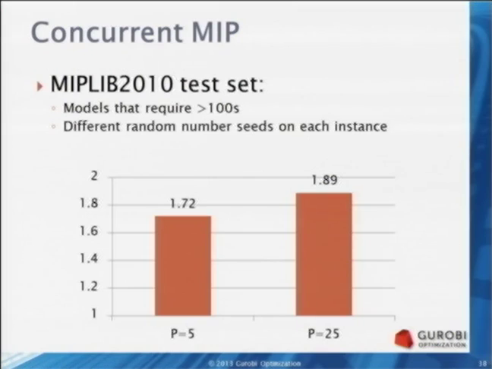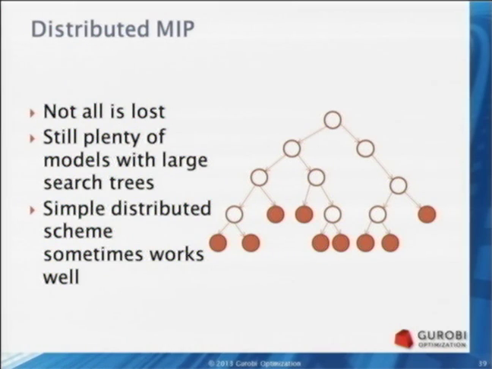So far I've really only talked about averages across sets of models. And the picture is not so encouraging when you look across these sets, but there are definitely models where large search trees are explored.